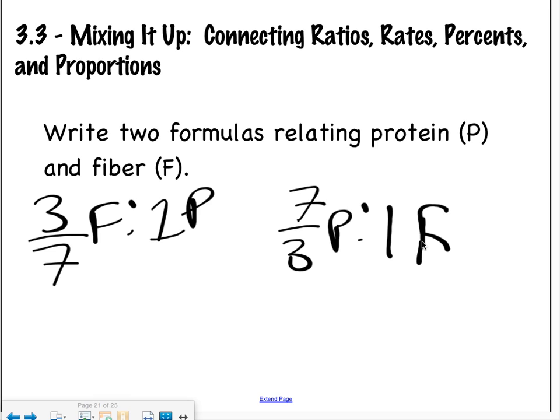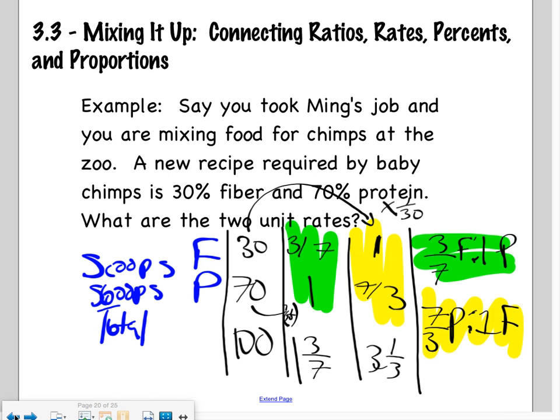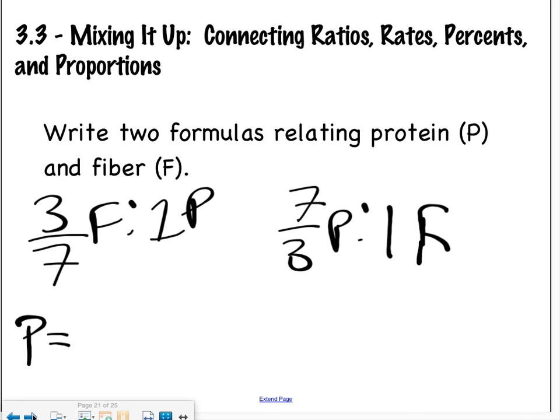So let's start with P equals. How do you get protein given the amount of fiber? Well, we can look at our unit rates, or we can look at our rate table, and we see that when you multiply fiber by 7/3, you get the amount of protein. So we know that protein equals 7/3 fiber.